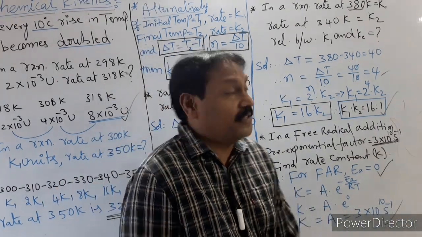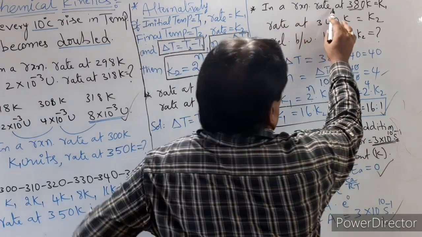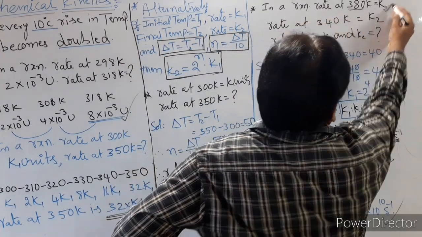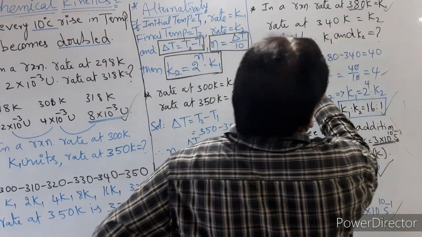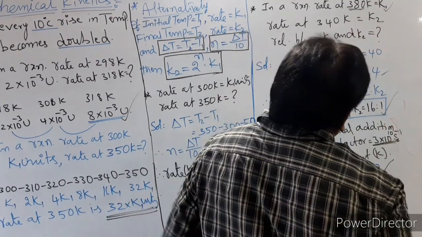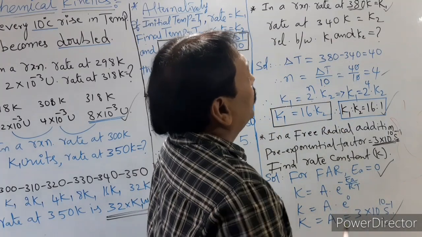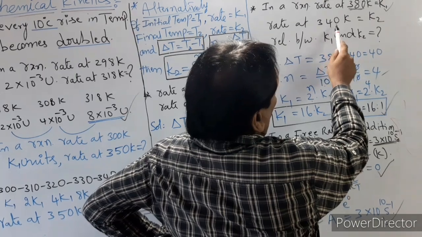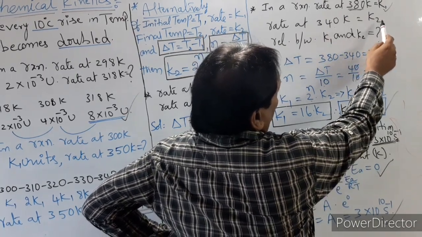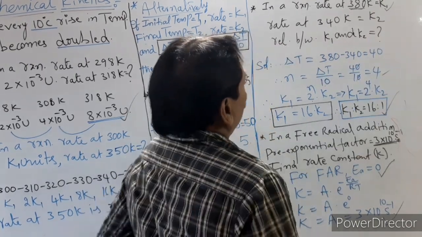The next problem is: in a reaction, rate at 380 K equal to K1 and rate at 340 K is equal to K2. What is the relation between K1 and K2? Here, at 380 it is noted as K1, at 340 it is noted as K2. Solution.